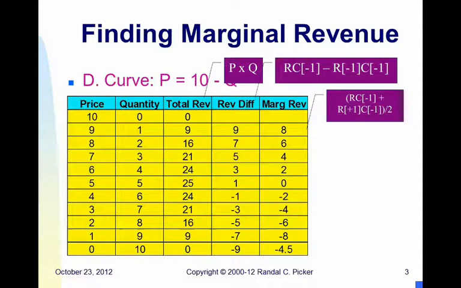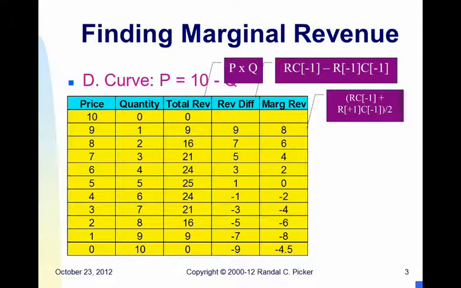The revenue difference notion is basically for each unit change, in 1 unit increments, and marginal revenue in calculus is much more refined. So the idea of marginal revenue is really as the size of the unit isn't 1 but goes to 0, and you can get a version of that if you take the revenue differences and average them. So 9 plus 7 is 16 divided by 2 equals 8. 7 plus 5 is 12 divided by 2 equals 6. 5 plus 3 is 8 divided by 2 is 4.